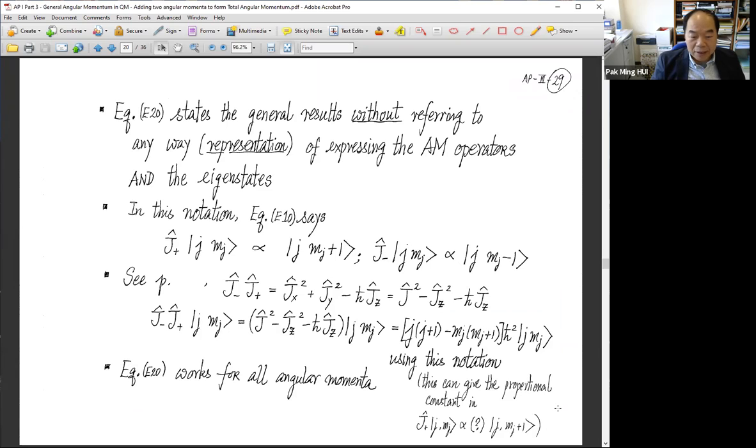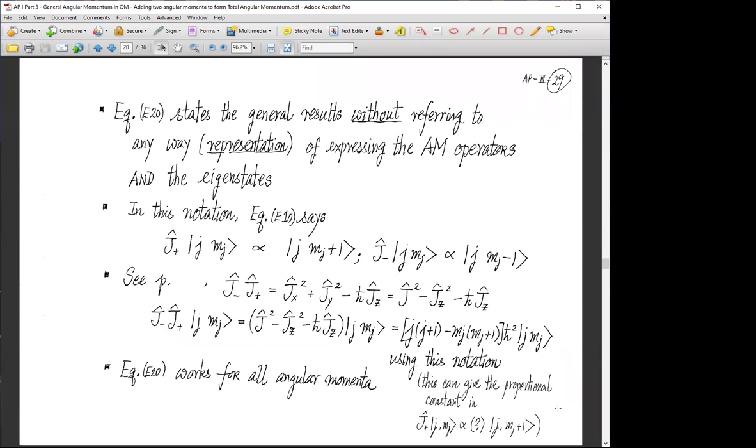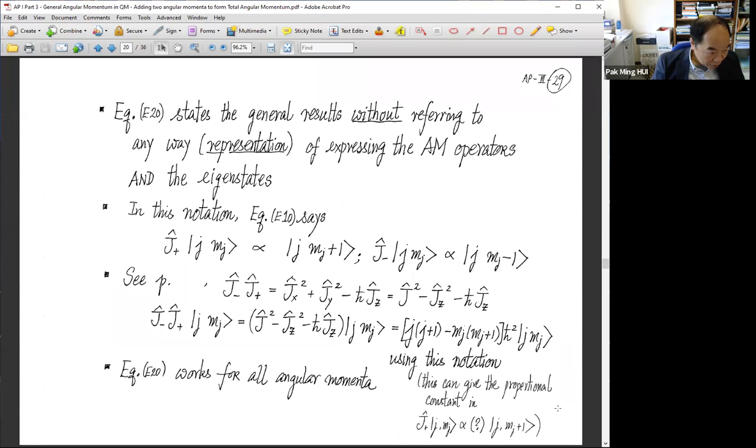The last comment, and I will stop after this page playing with general. Why J isn't the sum of, oh, not yet. Here, a student asks, why isn't J the sum of L plus spin angular momentum? What he's asking is the symbol, actually.